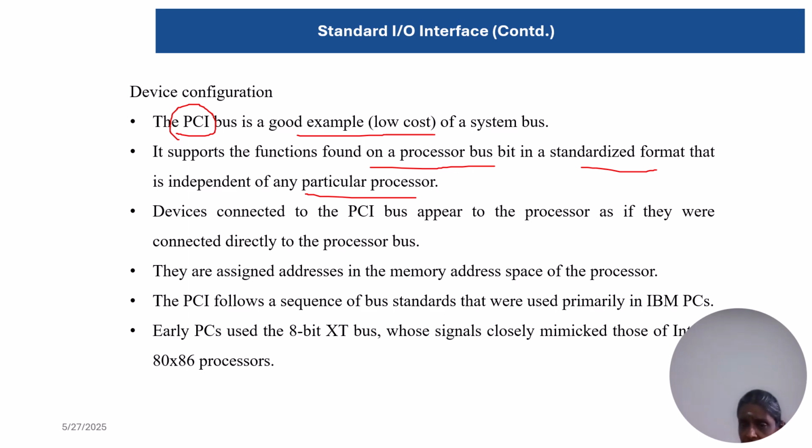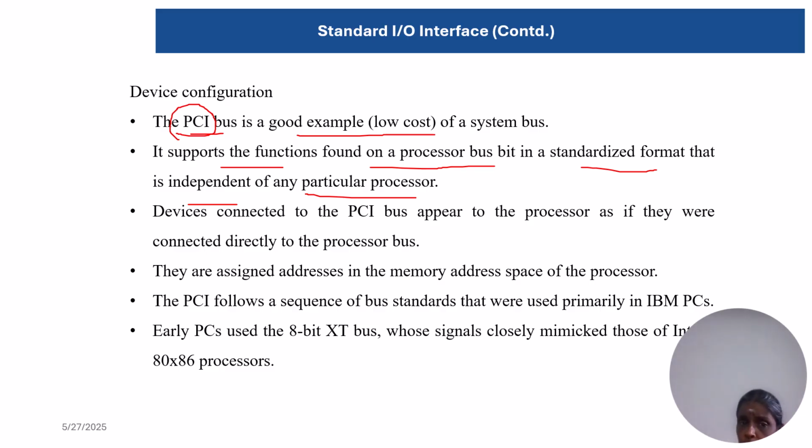But what is the reason behind it? Every computer, every processor will have its own architecture, but all are supported by the PCI bus. That is why, independent of any particular processor, whatever the type of the processor may be, the PCI can be adapted.